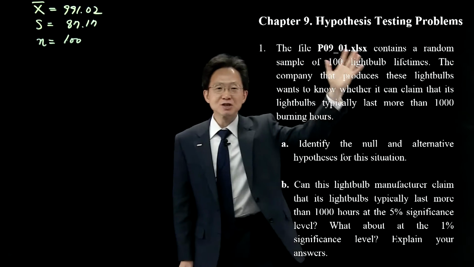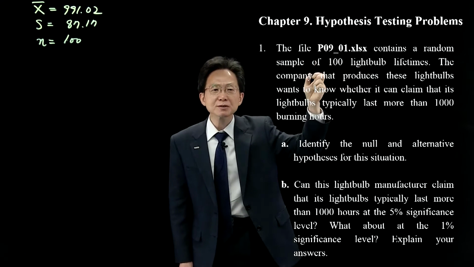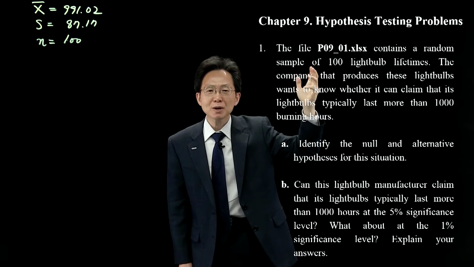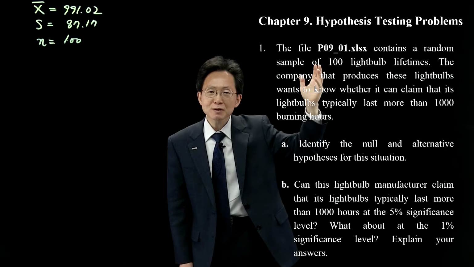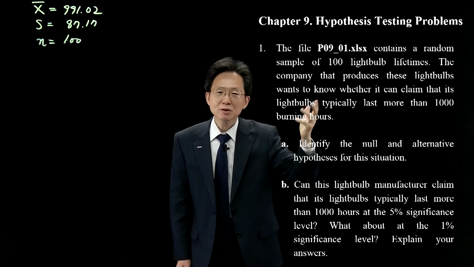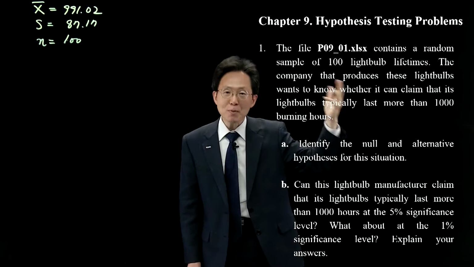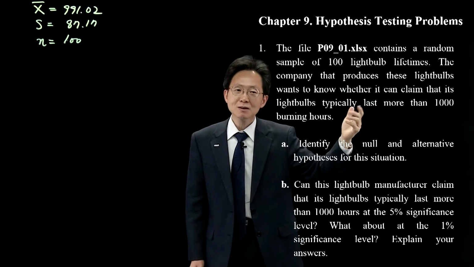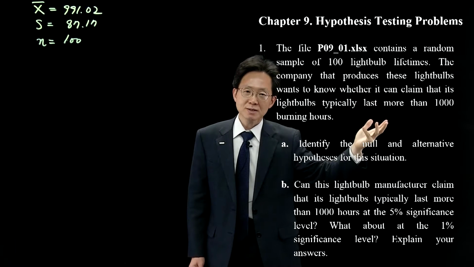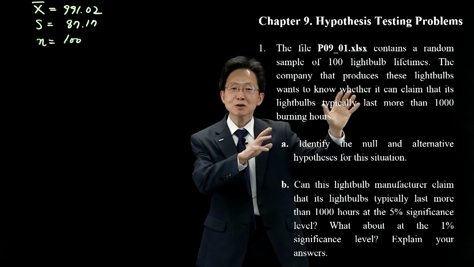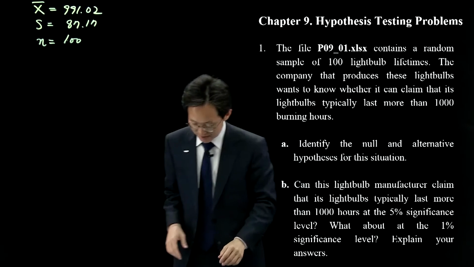And think about this example. What do you think the company wants to show? What do you think the company tries to prove? The company tries to prove that their product, their light bulb, actually lasts more than 1,000 hours. So that should be the alternative hypothesis, right?